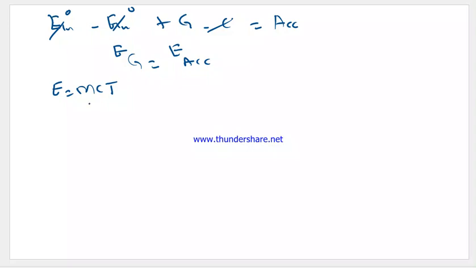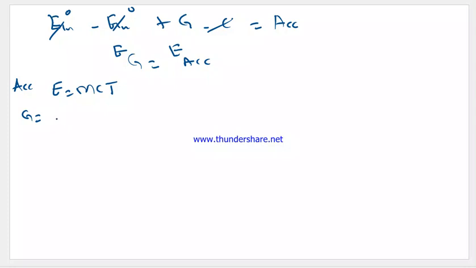So for the accumulation term, we are going to use this concept of physics of MCT, but for the generation term, we are going to use the rate of reaction multiplied by the enthalpy of the reaction.